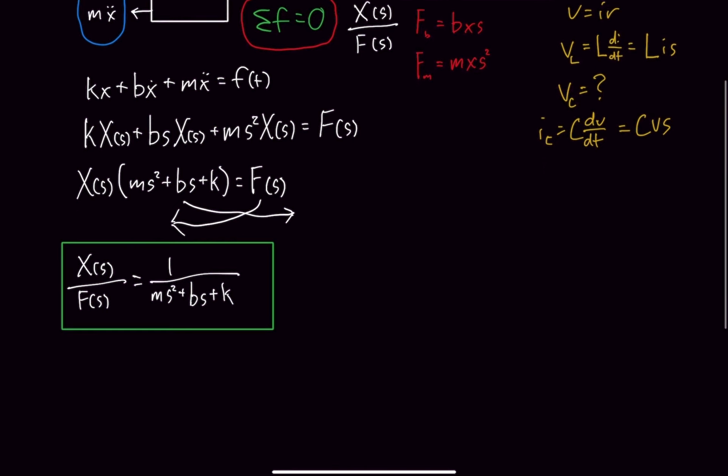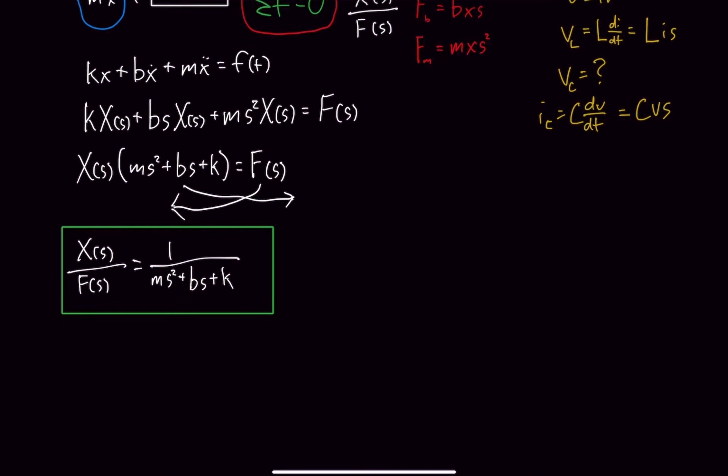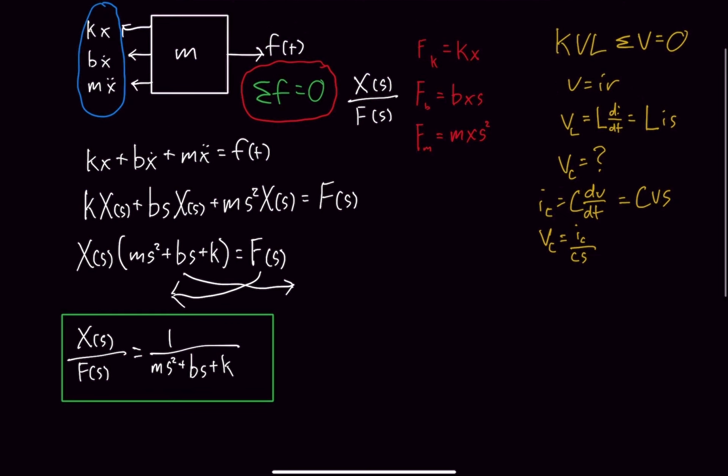So V_C equals I_C over Cs. So now we've got three kind of voltage parallels that we can use, and we can make our own ladder for it as well.